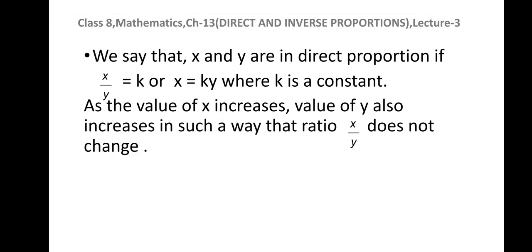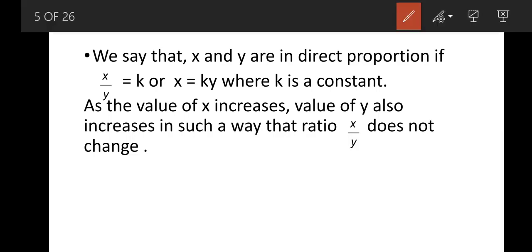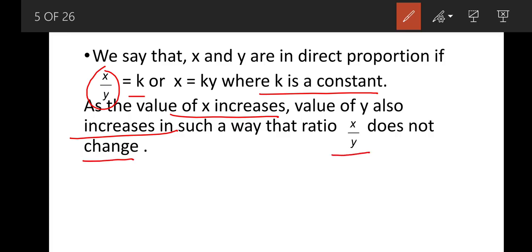We can say that x and y are in direct proportion if x over y is equal to k, where k is a constant. This ratio x over y should be constant, which is equal to k. As the value of x increases, the value of y also increases in such a way that the ratio x over y does not change. Or as the value of x decreases, the value of y also decreases in such a way that x over y does not change.